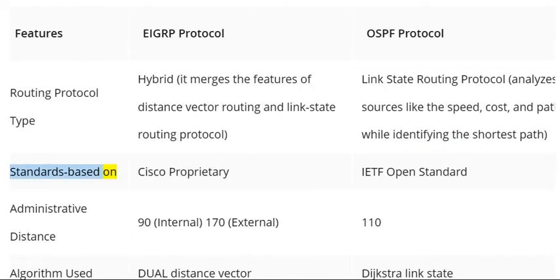Standards: EIGRP is Cisco proprietary, OSPF is an open standard. Administrative distance: EIGRP is 90 internal, 170 external; OSPF is 110.